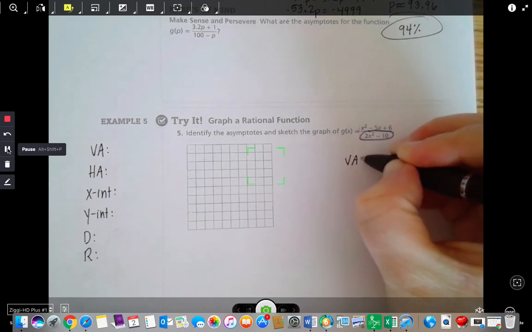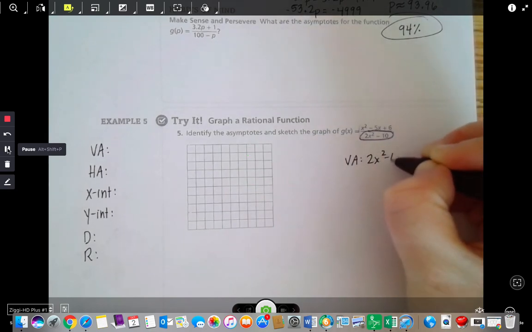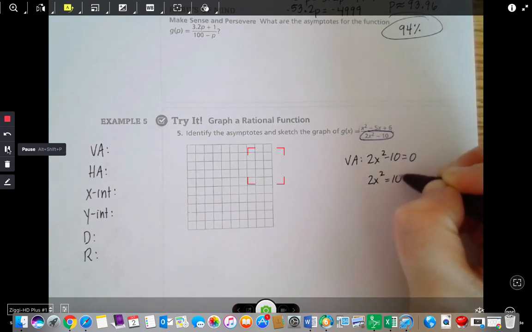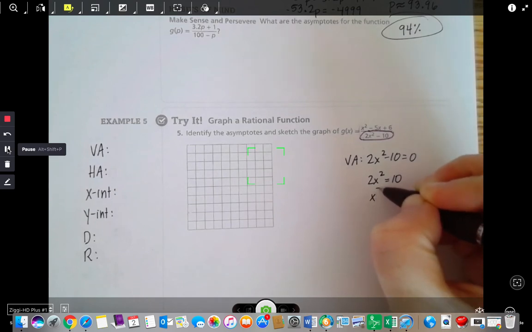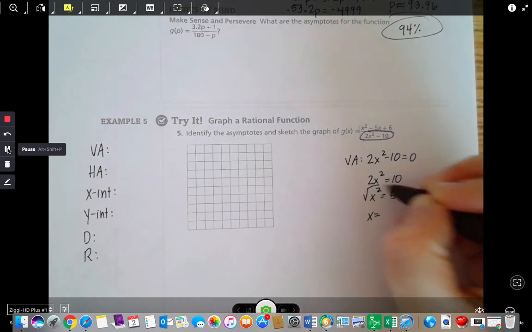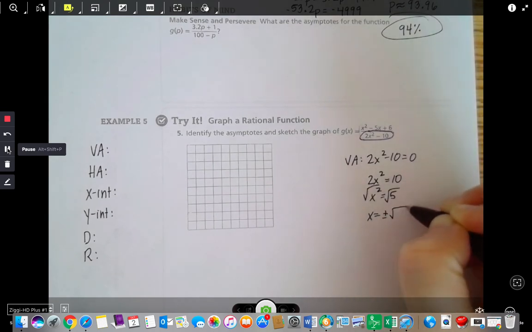So vertical asymptote, 2x squared minus 10 equals 0. So we could say 2x squared is equal to 10, divide by 2. X squared equals 5. So that means x equals plus or minus the square root of 5.